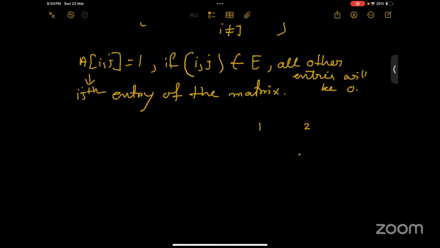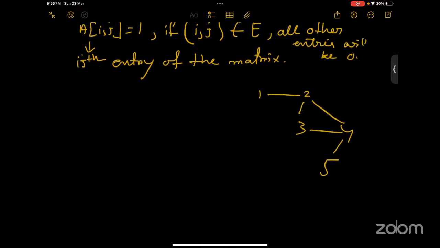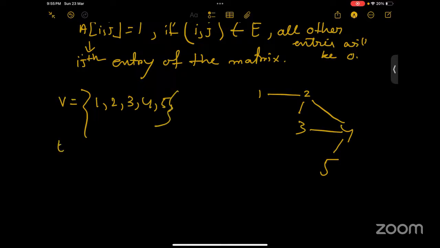So suppose we have this graph, and we want to find the adjacency matrix. What are our vertices first? 1, 2, 3, 4, 5. And what are the edges?